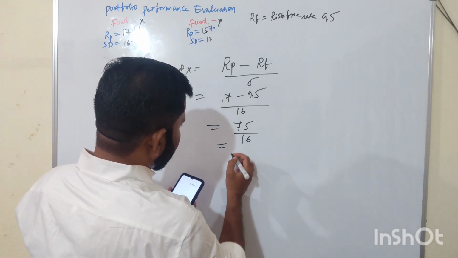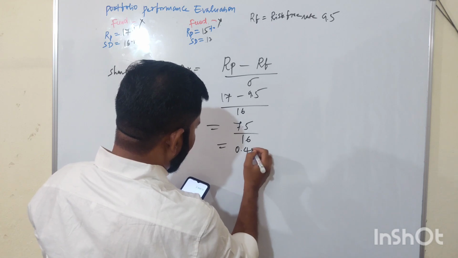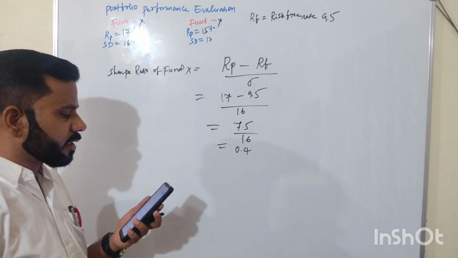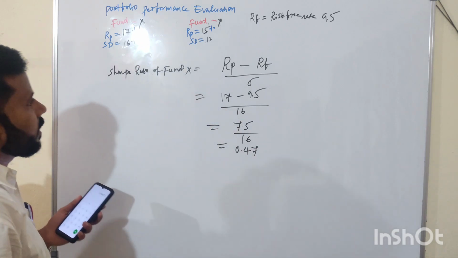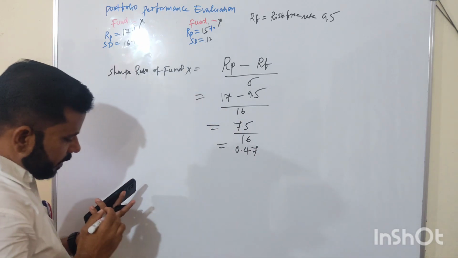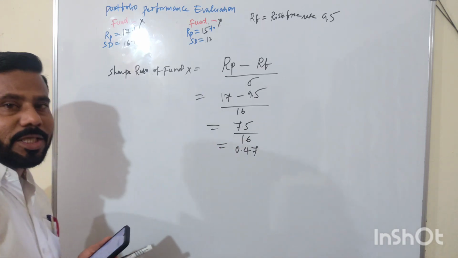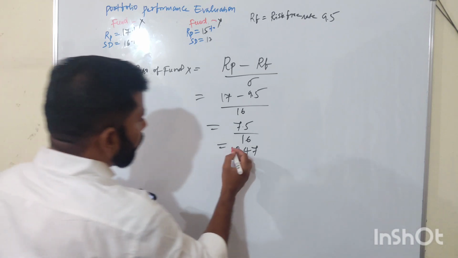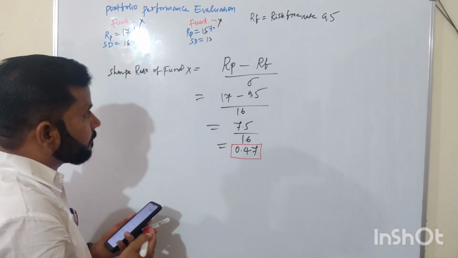We get 0.4687, which we can take as the round figure 0.47. That is the answer for the Sharpe ratio, or Sharpe index, of Fund X. What is the answer? 0.47.